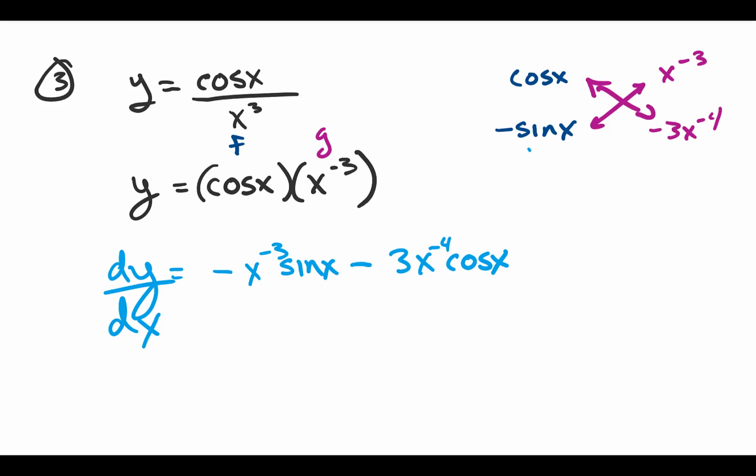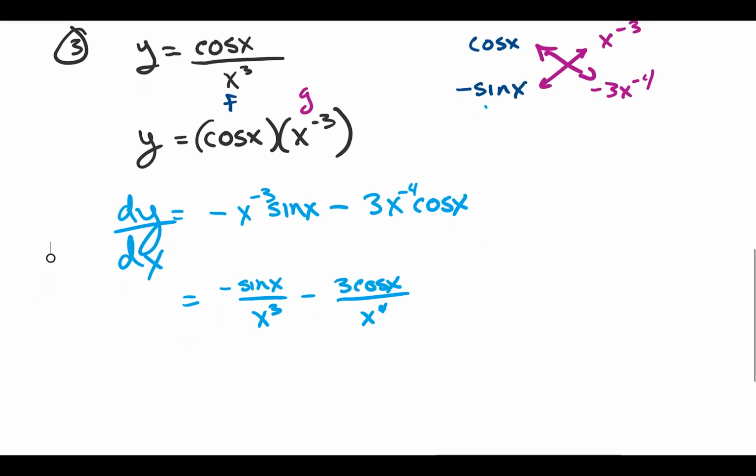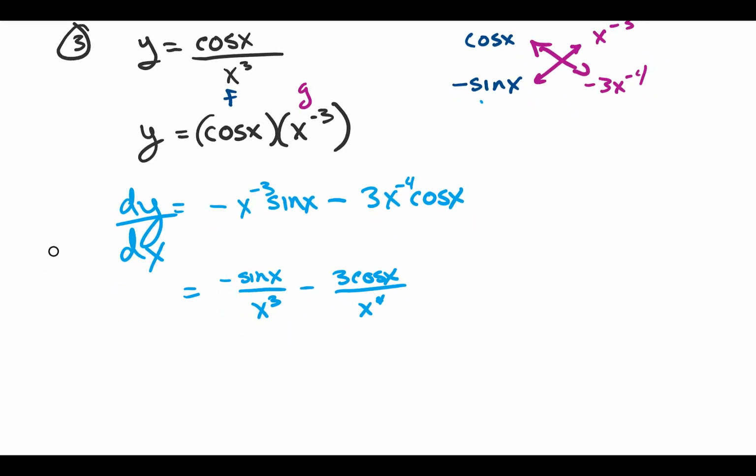I want to show you that it would turn into something that looks just like what the quotient would look like. So we got our negative sine of x all over x cubed, and then minus 3 cosine of x over x to the fourth. To create a common denominator, we give the first one another x, to the fourth.